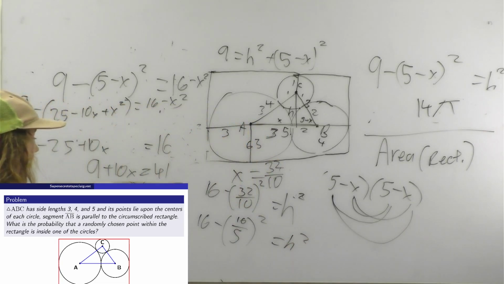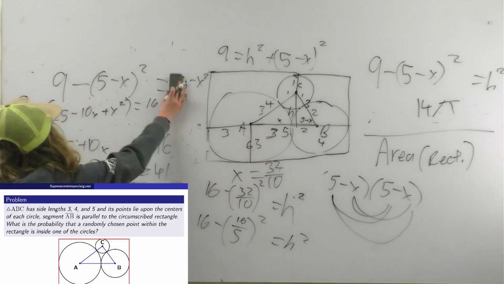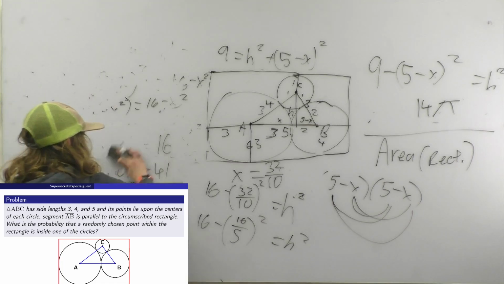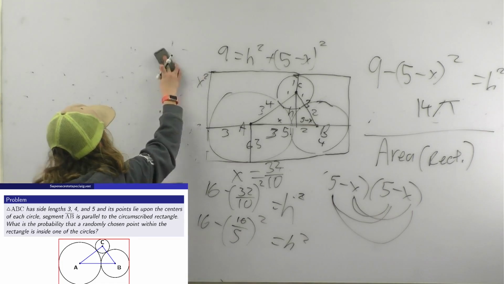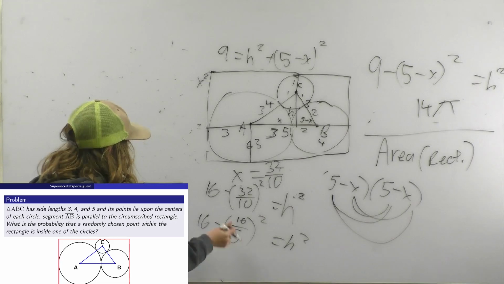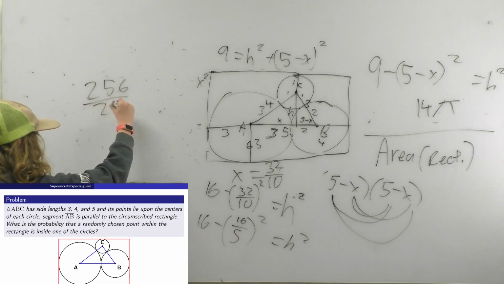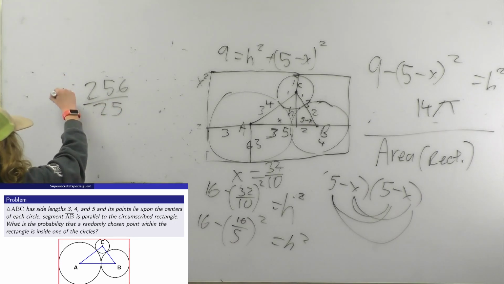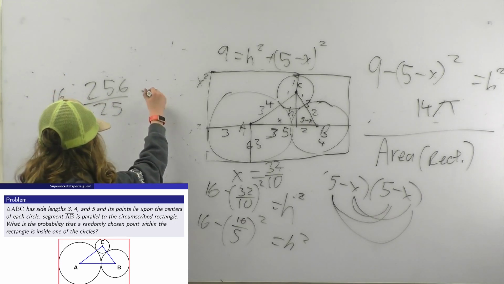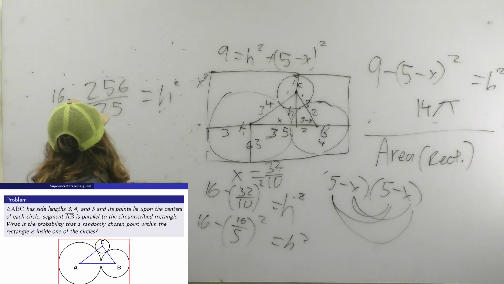And then now 16 squared is, here first. So 16 squared is 256. 5 squared is 25. And we have 16 minus that equals h squared.